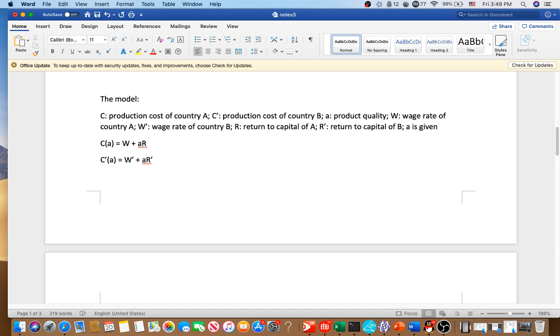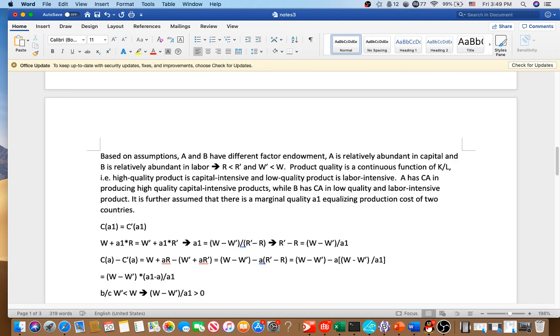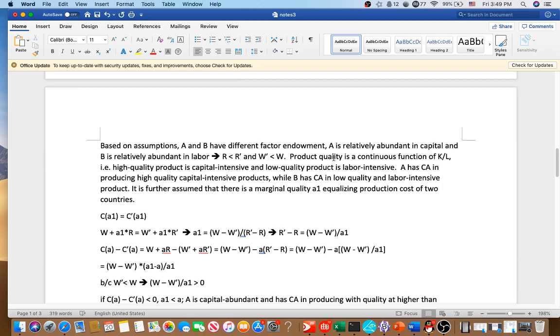That is equal to W prime plus A times R prime. Based on the assumptions, A and B have different factor endowments, and A is relatively abundant in capital, and B is relatively abundant in labor. In this way, R is less than R prime, and W prime is less than W.